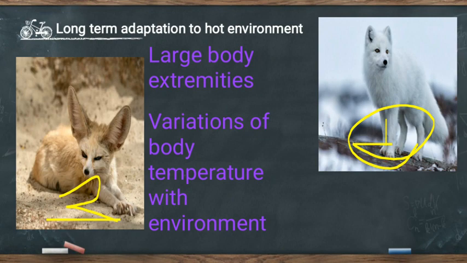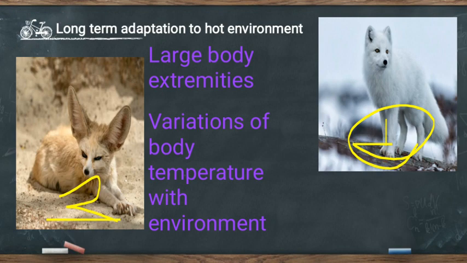And these body extremities are well supplied with blood vessels and they are covered with short hair, and therefore heat can be lost from them by radiation. That's the importance of having large body extremities.